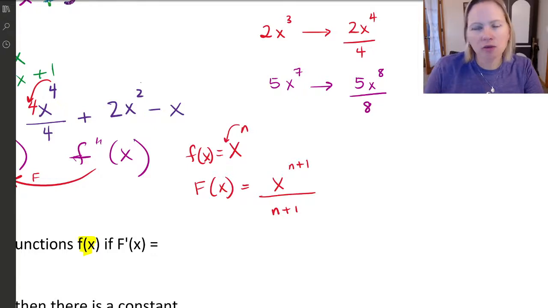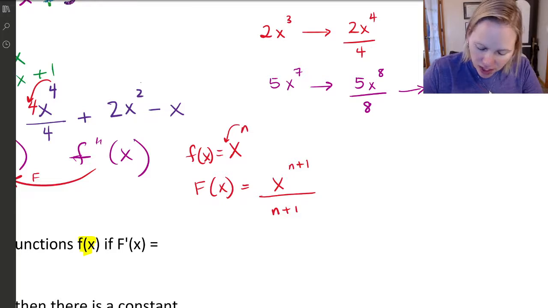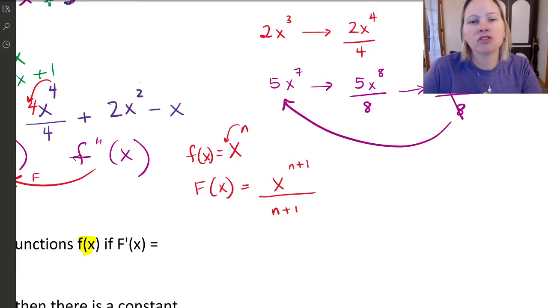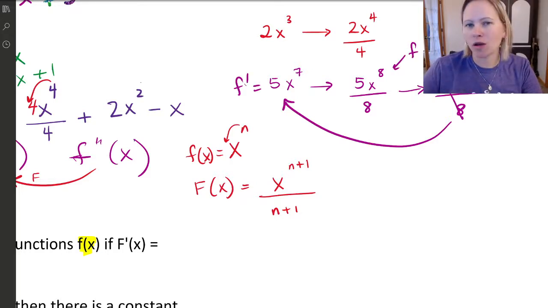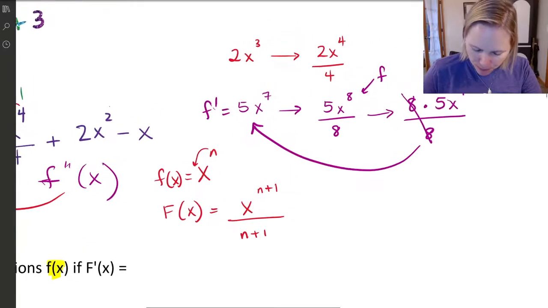So this is the backward step from finding the derivative. When I find the derivative again, I multiply by 8, reduce by 1, and then divide. This gets me back to the original. So remember, this is my function, this is my derivative, and I'm going backwards with these antiderivatives.